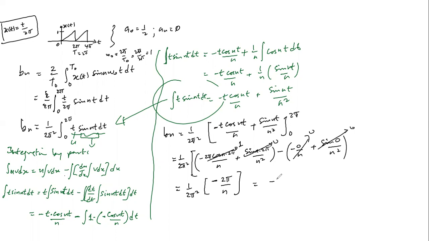We truncate this and this, so in other words, bn is equal to minus 1 over n pi.